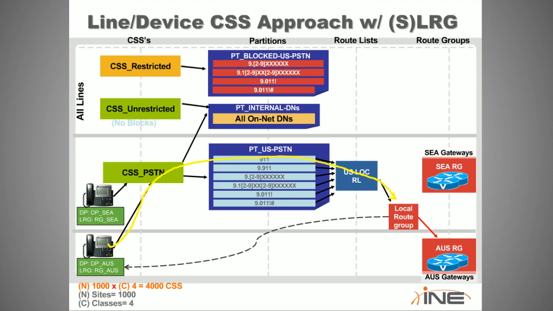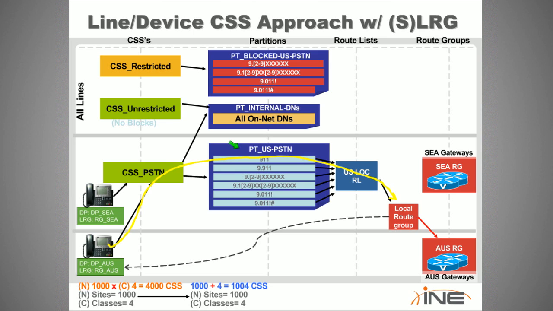Okay, so let's remember, we started with N times C, or sites times classes. So 1,000 sites times 4 classes was 4,000 CSSs. And we started out with 6,000 patterns, 1,000 partitions, 1,000 route lists and 1,000 route groups. Now, with the line device approach, we changed 1,000 times 4 to 1,000 plus 4, and we took 4,000 CSSs down to 1,004 CSSs.